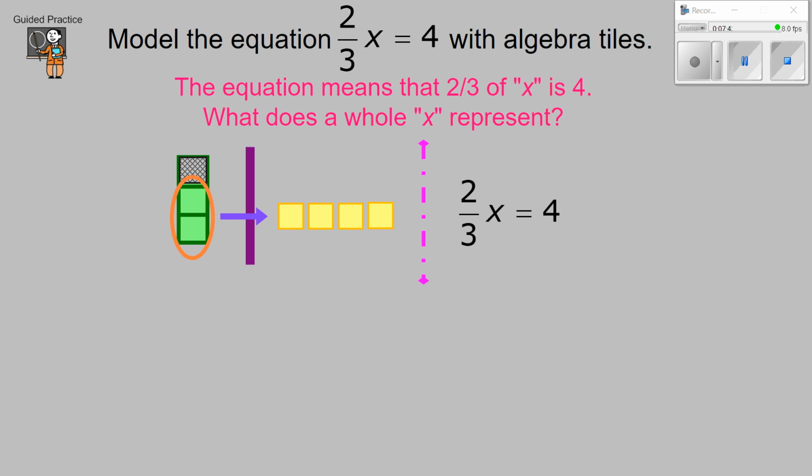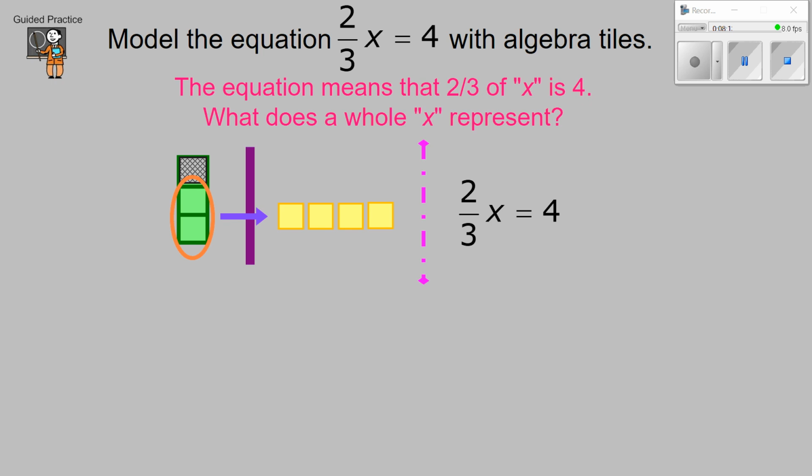So using your algebra tiles, let's try this one. 2/3 of x equals 4. So again, the equation means that 2/3 of x is 4. What does the whole x represent? Okay, so the model that we have here shows that 2 of the thirds equals 4.